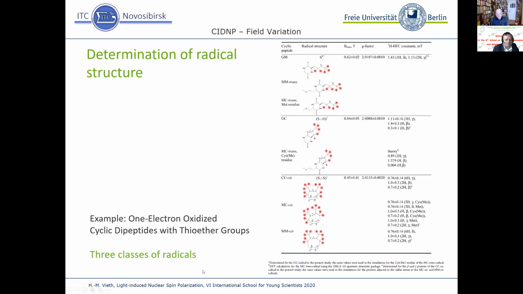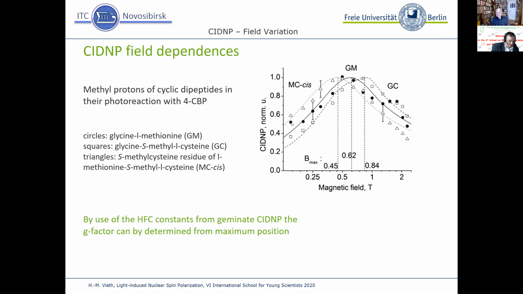So this is shown here, and I have to go through this series of slides fast. Here you observe these 3 different G factors of the radical with different electron concentration at the carbon.